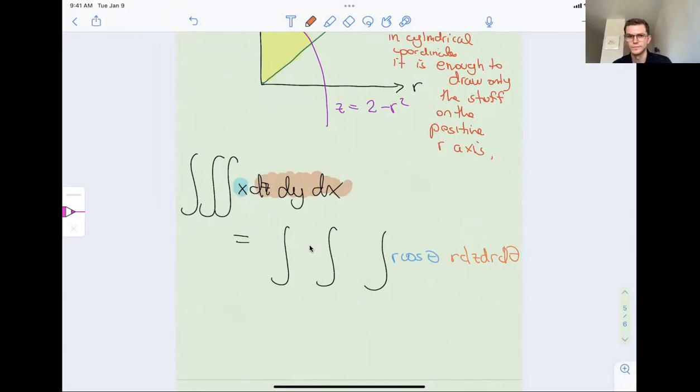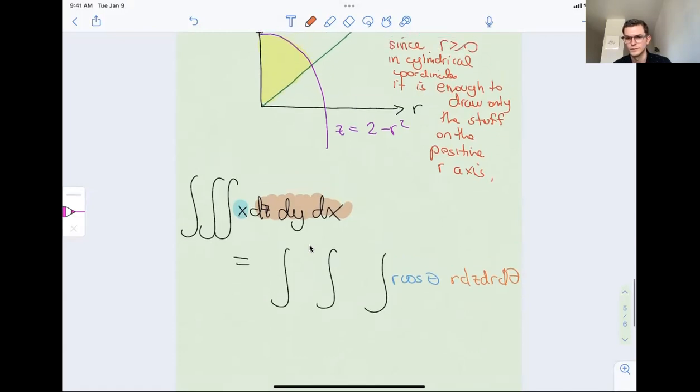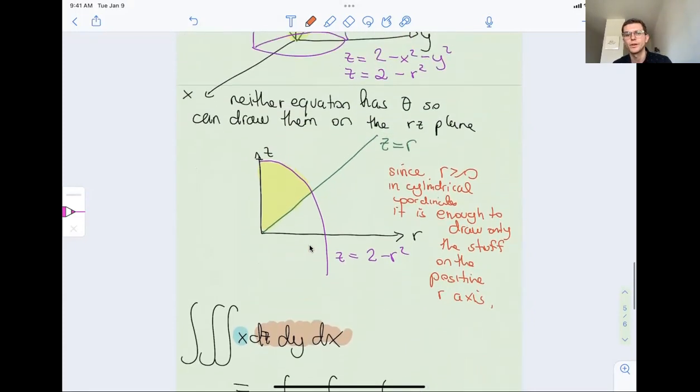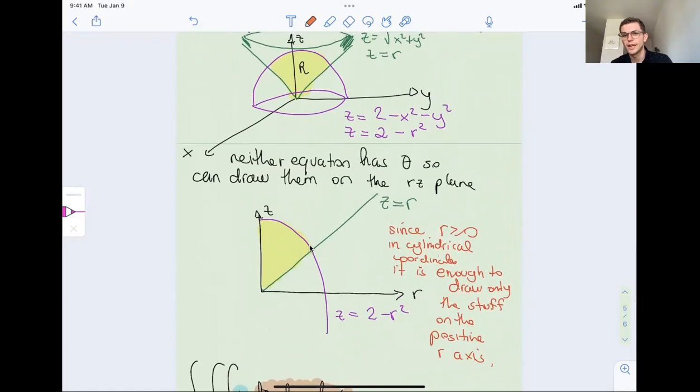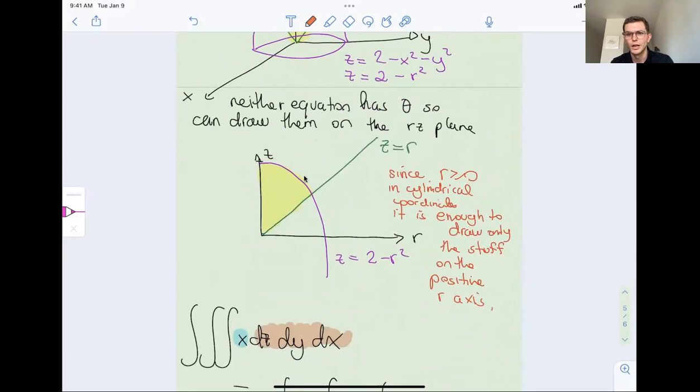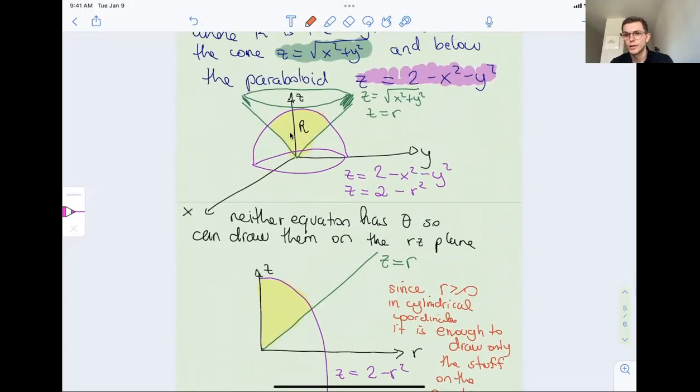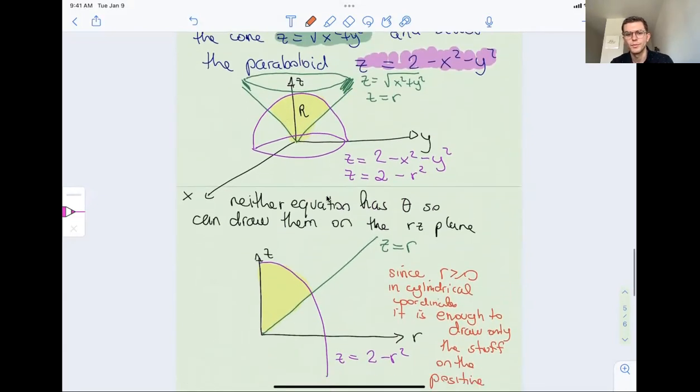Just a quick question. When it comes to figuring out the boundaries, would one way be simpler than the other because of the intersection of the two curves? Yeah, we're actually going to do it in both ways, and you'll see that one is easier than the other. The point I'm making here is that, since none of the equations had theta, you can just focus on the 2D picture rather than going back to the 3D stuff.